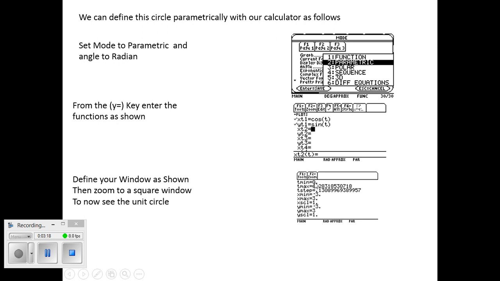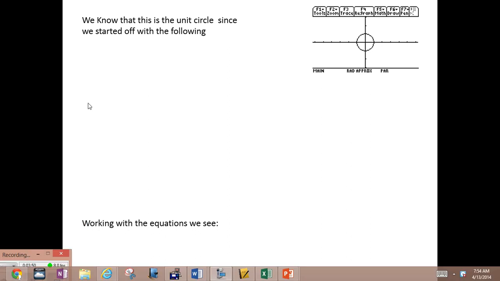So I'm saying start with the t minimum at 0, 2 pi is the t max, and the t step is 0.13089, which is actually pi over 24. I'm resizing my window to be a 3x3 square, and I also have to zoom square on my window. And so that should be the unit circle that we see, the same as what we saw with our basic unit circle problem.